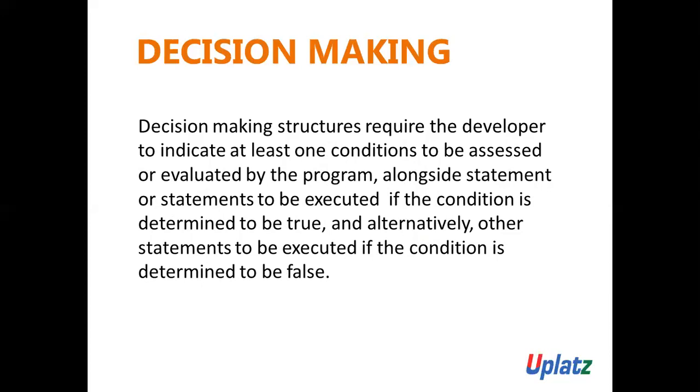That is the condition we have put for passing the examination. Alongside the statement or statements to be executed if the condition is determined to be true, and alternately other statements to be executed if the condition is determined to be false.